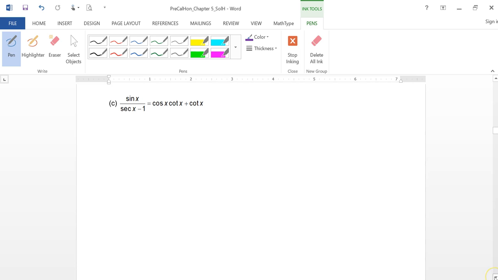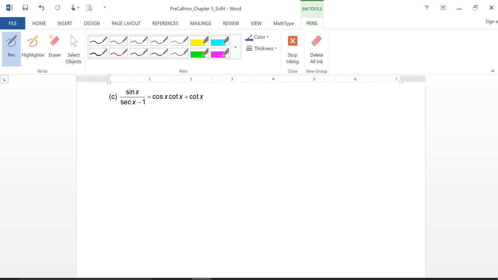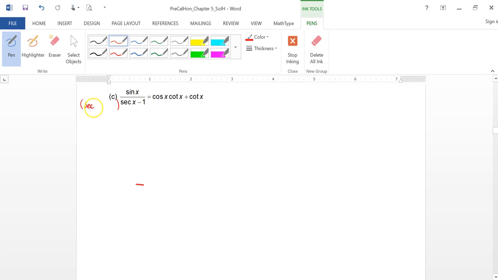So this one, it does seem like they're both a little complicated. You do the one with a fraction. Now, what you do when you have something like this, something minus something else, is multiply it by the plus version. So multiply this by secant x plus 1. And whatever you do to the bottom, you got to do to the top.